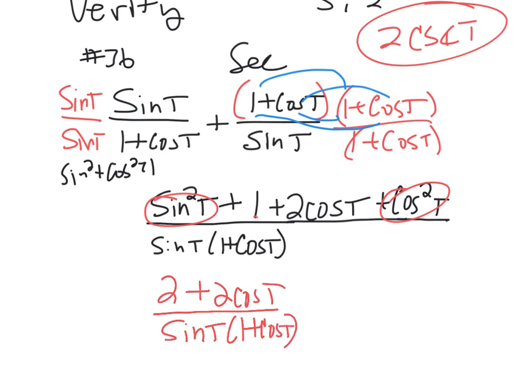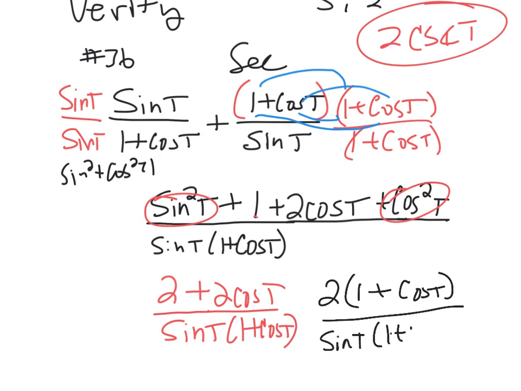And then I see that I can common factor 2 on each of these, right? So I can factor out a 2, which is kind of promising because I wanted 2 out in front here. So that lets me know I might be headed in the right direction. Well, when I factor out a 2, I get 1 plus cosine t on top, and on the bottom I have a sine t times 1 plus cosine t.